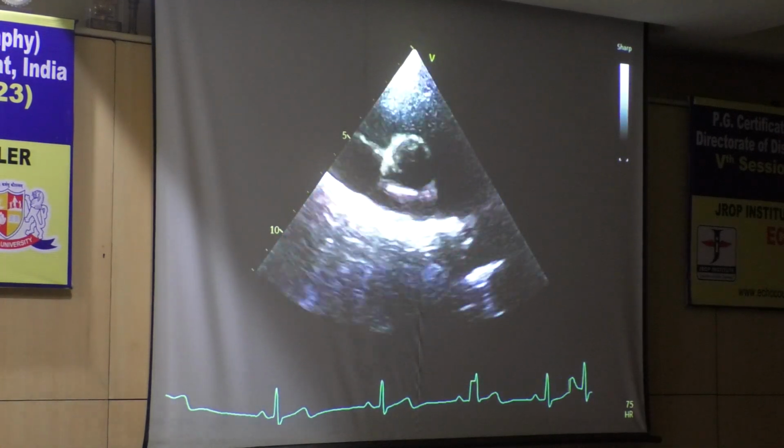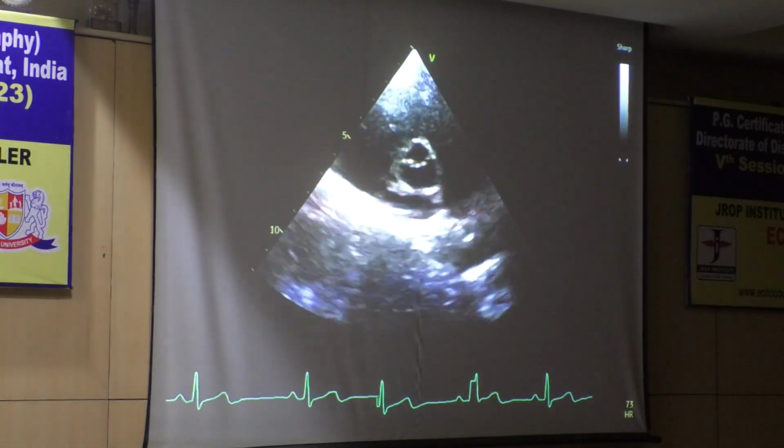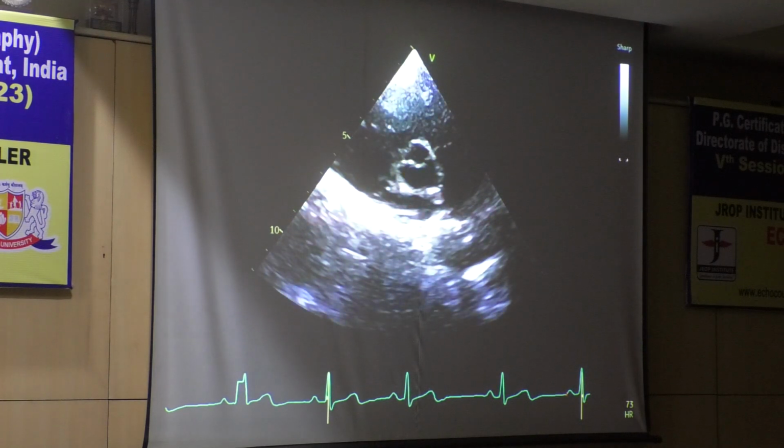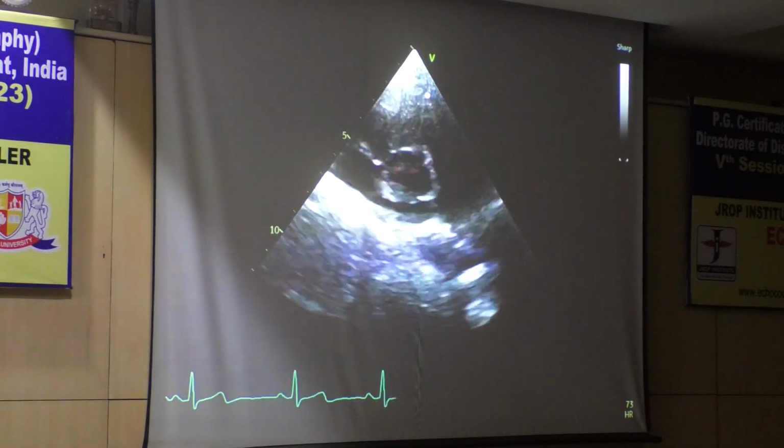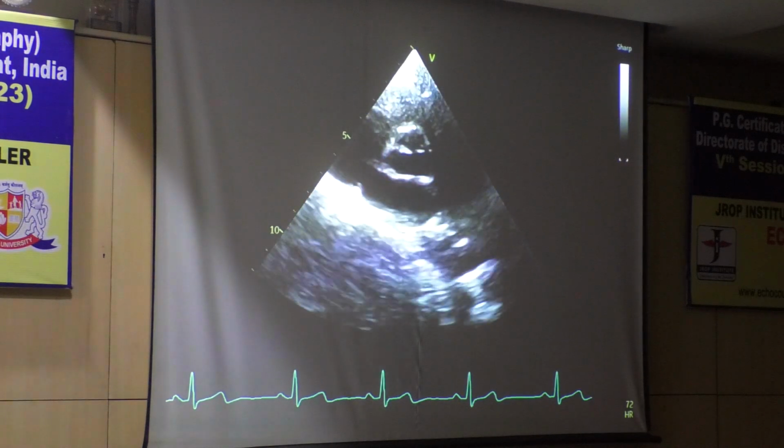Aorta in the center, and the pulmonic artery wraps around the aorta. Here's the pulmonic artery, arrow. This is the aorta in the center. LA, RA, tricuspid valve, RV, RVOT, proximal and distal, pulmonic valve, right pulmonic artery and left pulmonic artery. If you happen to see this kind of structure, always think of ventriculoarterial concordance.